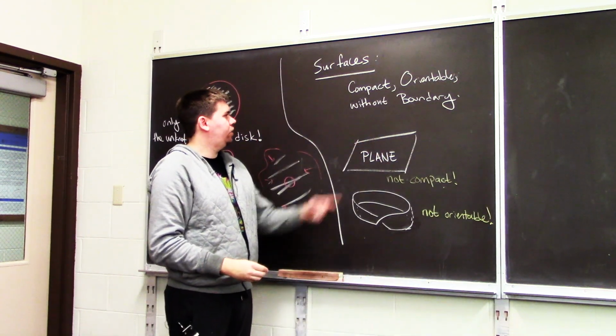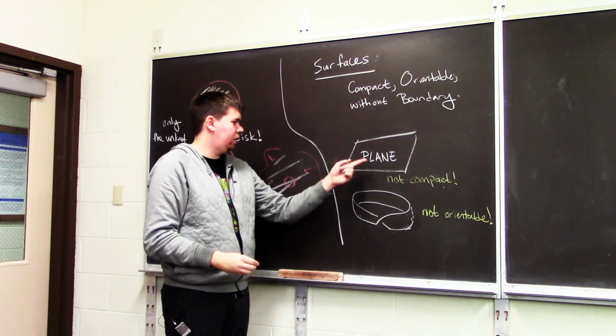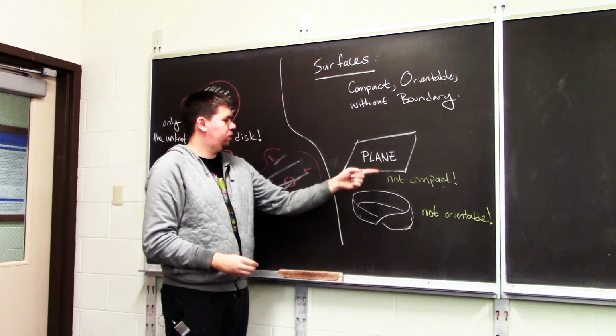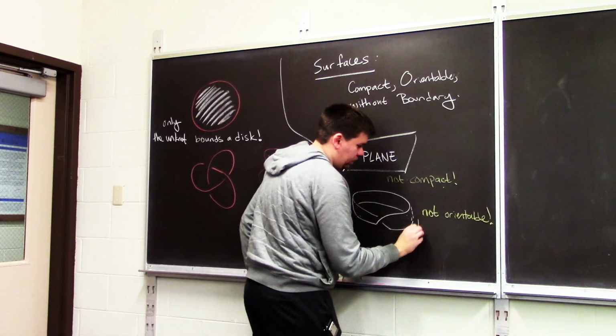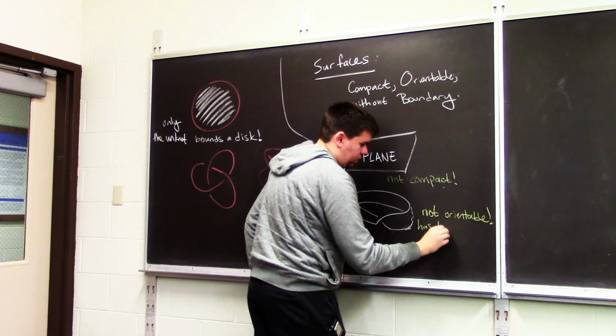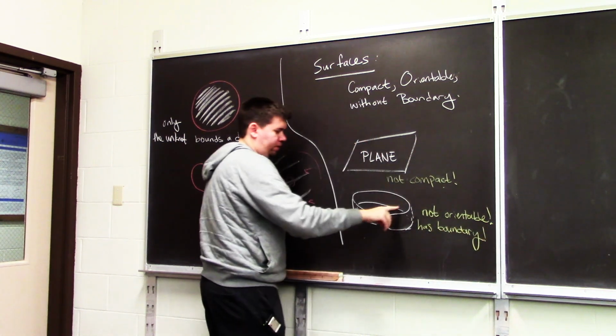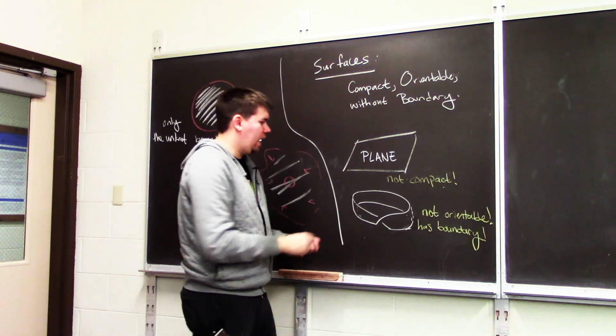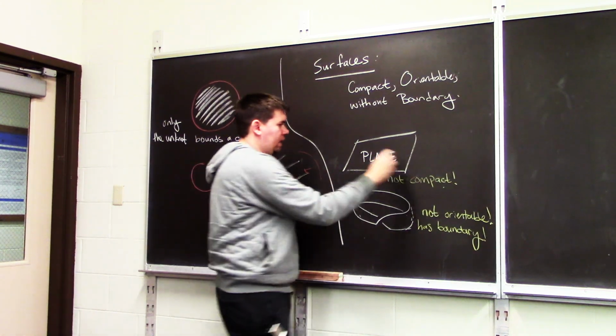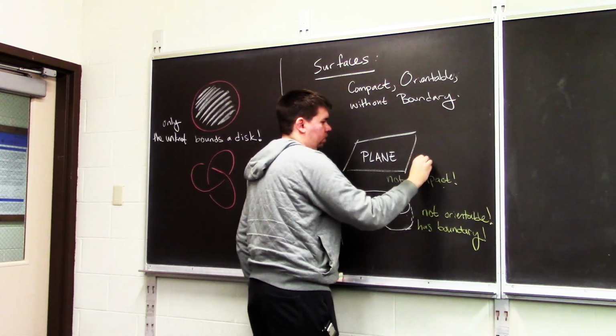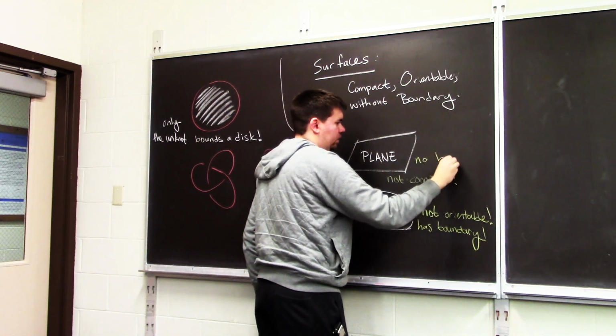And then we said without boundary. So, well, this one has a boundary. You can run your finger along the edge of it. The plane has no boundary, so the plane goes on forever, so it has no boundary.